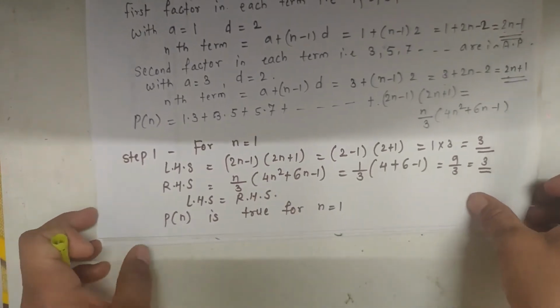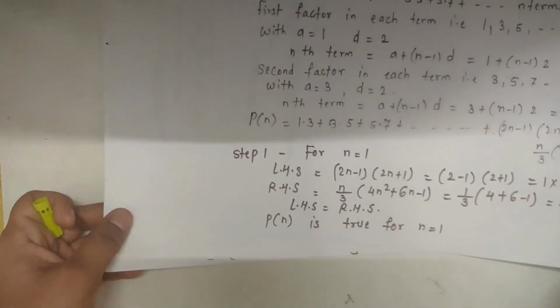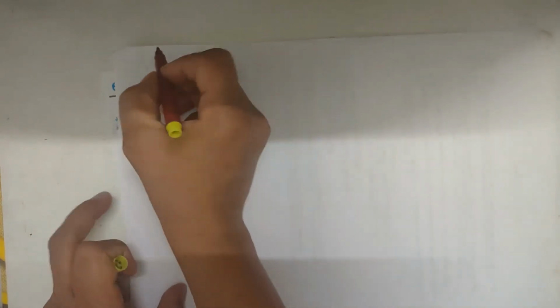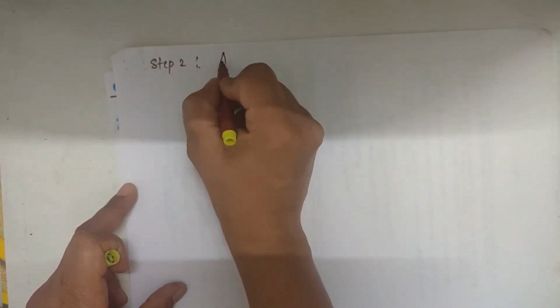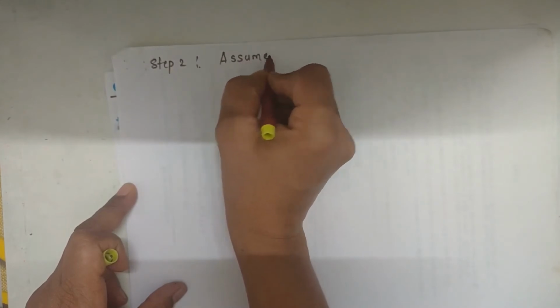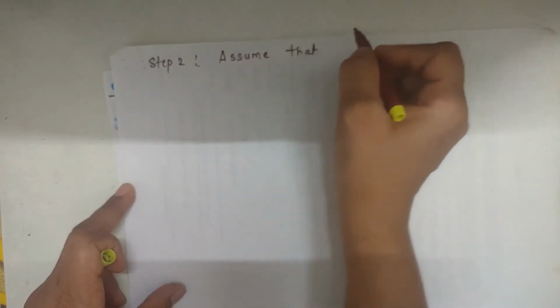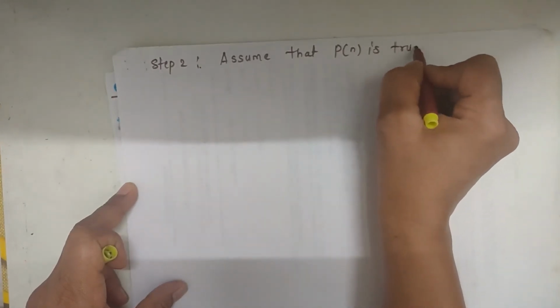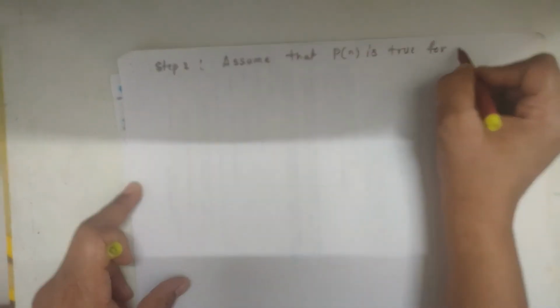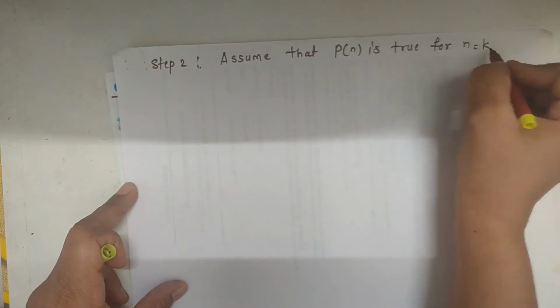This is step first. Now in step 2, we assume that P of n is true for n is equal to k.